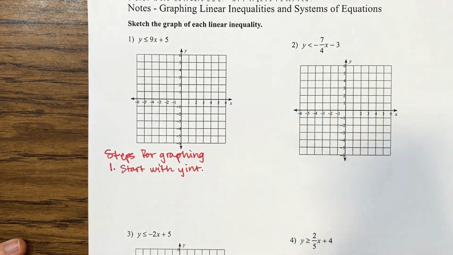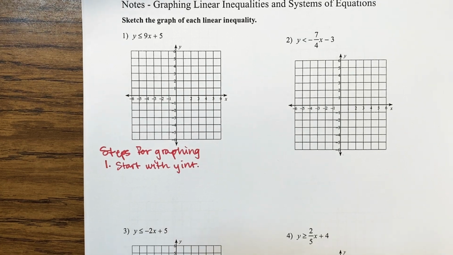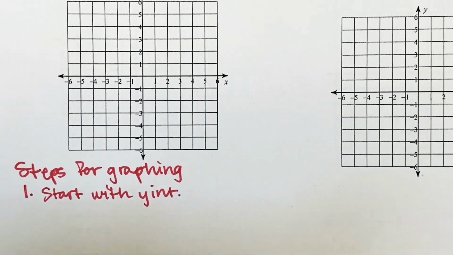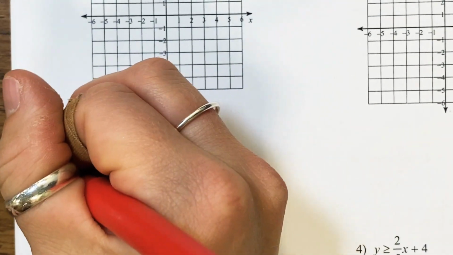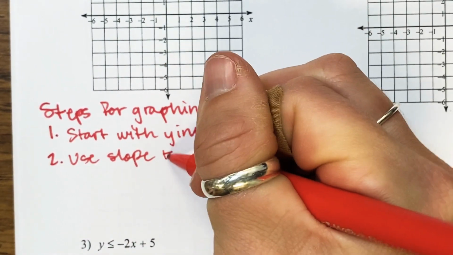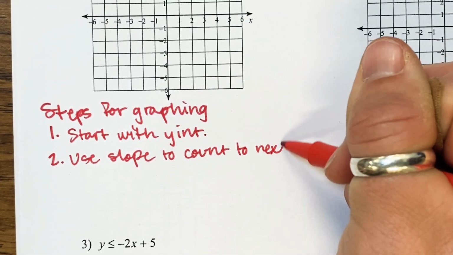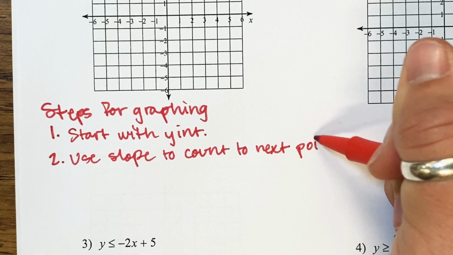Okay, that is your starting point. Start with your y-intercept. Okay, our second step is going to be to use slope to count to the next point.